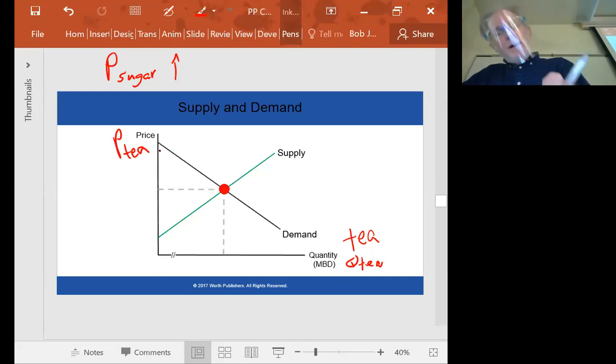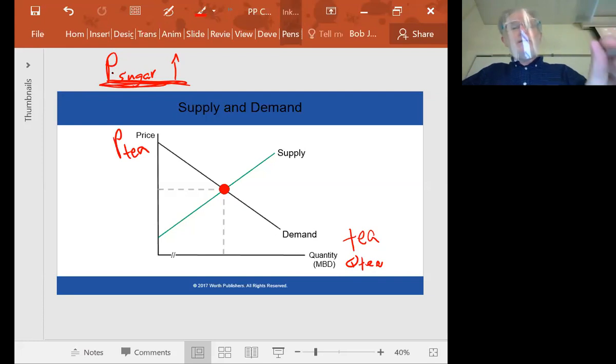We're trying to figure out how this market will be affected by this change in another market. Notice we're not told anything about why the price of sugar changed. It doesn't matter. We can figure out what the impact of this will be in this market.